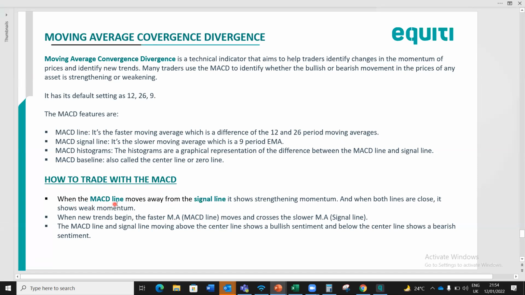When the MACD line, which is a faster moving average, moves away from the signal line, it shows strengthening momentum. It shows that there is strength of either the buyers or the sellers. There is momentum in the market. And when both lines are close, it shows weak momentum.